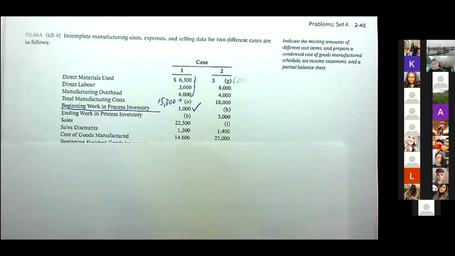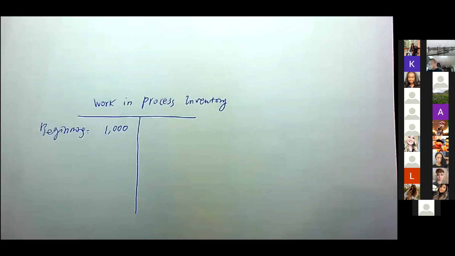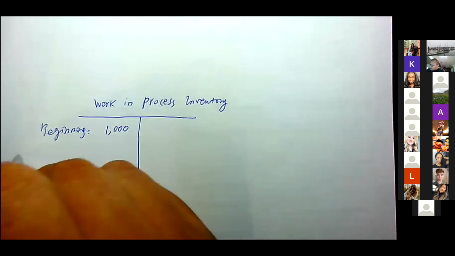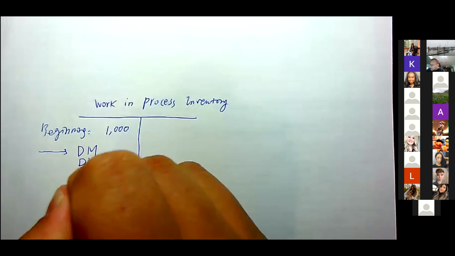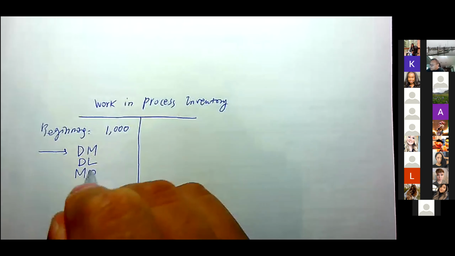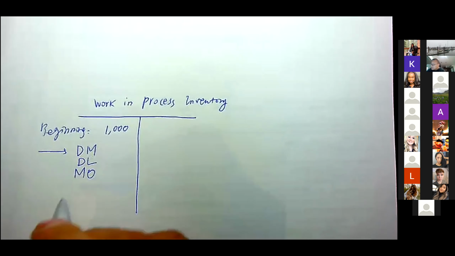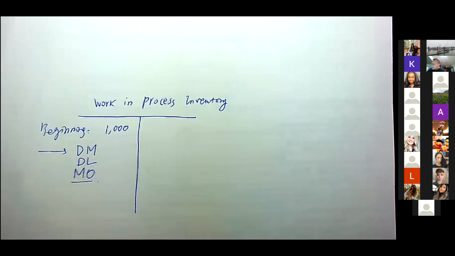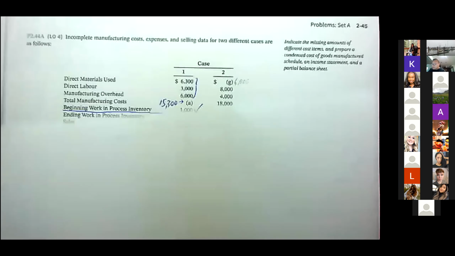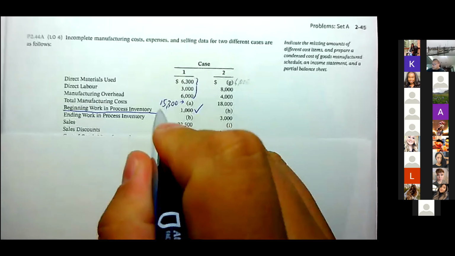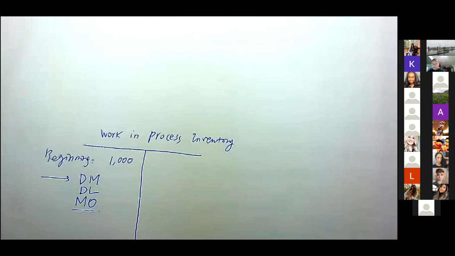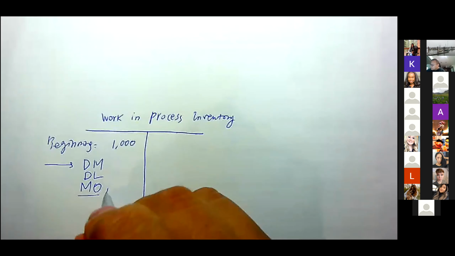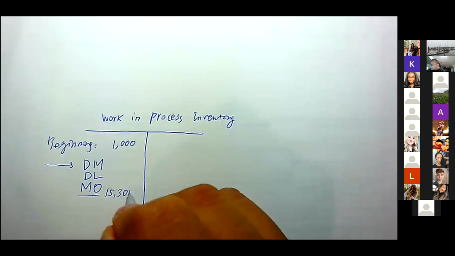Then we have the direct material, direct labor, and manufacturing overhead, all together figured out as 15,300.